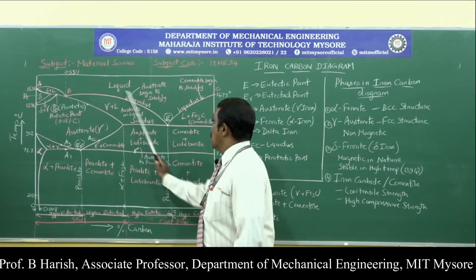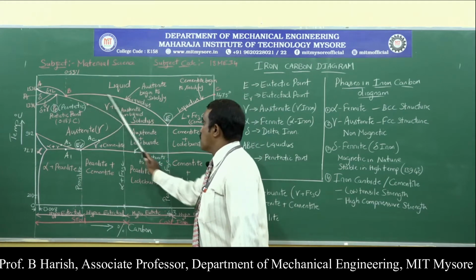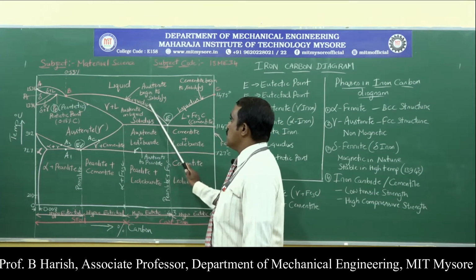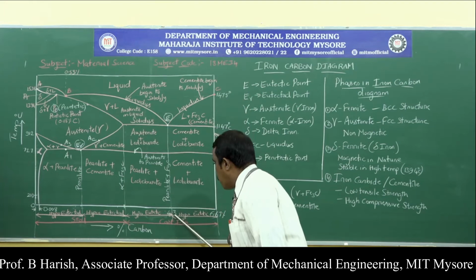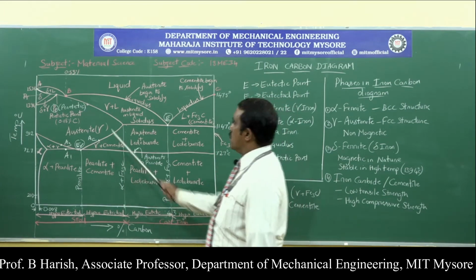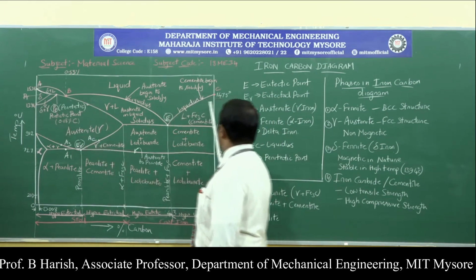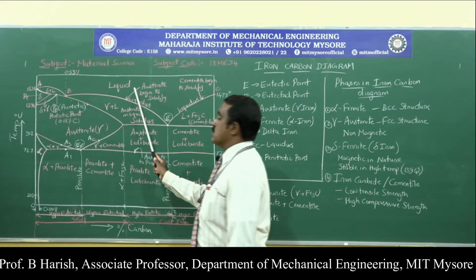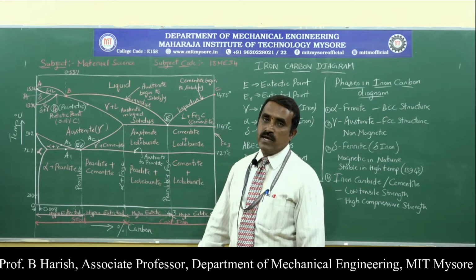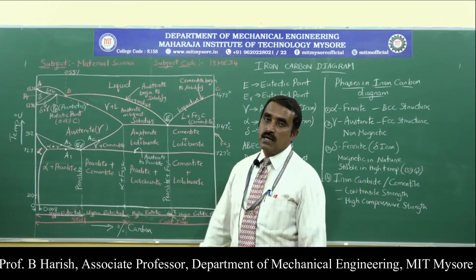So the liquidus line is where austenite begins to solidify, up to 4.3% carbon content at a temperature of 1475 degrees centigrade. That is the point where austenite begins to solidify and changes to other forms.